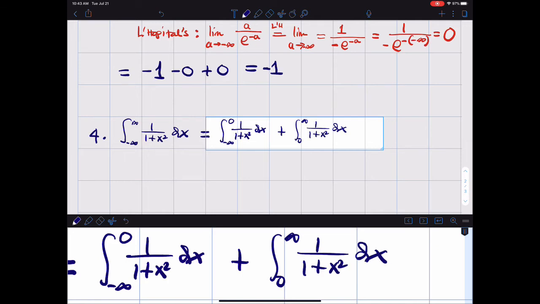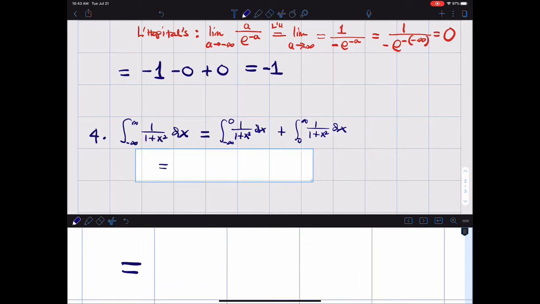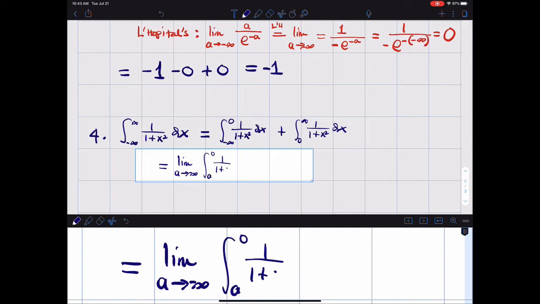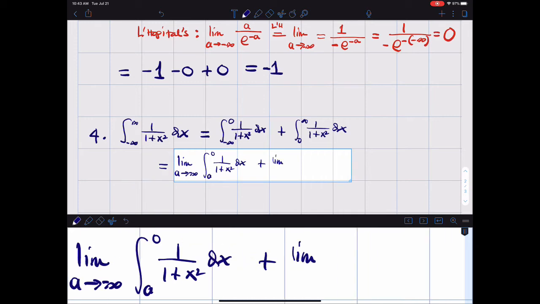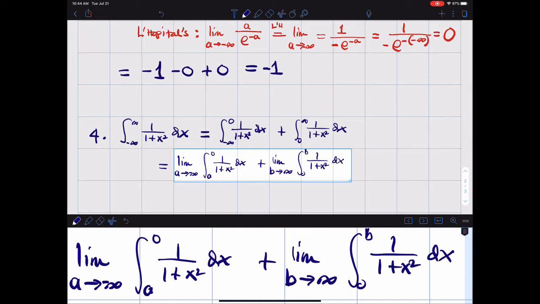So this changes our problem to 2 integrals. So we can do the limit as a goes to negative infinity of a to 0, 1 over 1 plus x squared dx, plus the limit as b goes to infinity of 0 to b, 1 over 1 plus x squared dx. Okay?